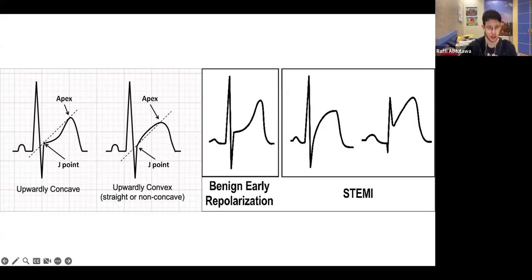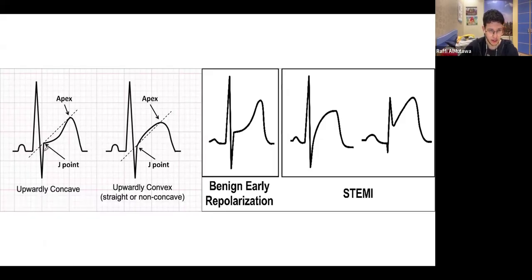This concave ST elevation is related to something that's not myocardial infarction, like benign early repolarization or pericarditis. However, this point right here, where it's convex, is related to ischemia. How do you decide if it's concave or convex? You can draw a line between the J point and the apex. The J point is important because it defines what an ST elevation really is.